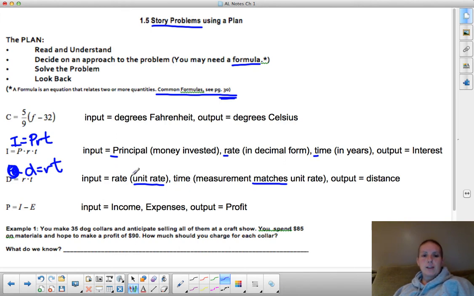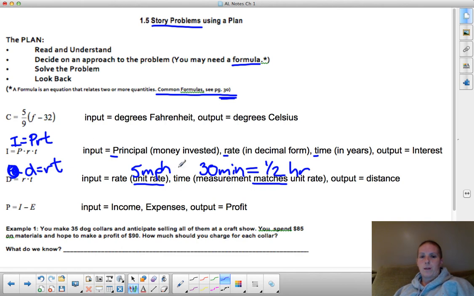So if they give us 5 miles per hour and the time they've given me is 30 minutes, I'd have to use a time of 1/2 to make sure that I match.